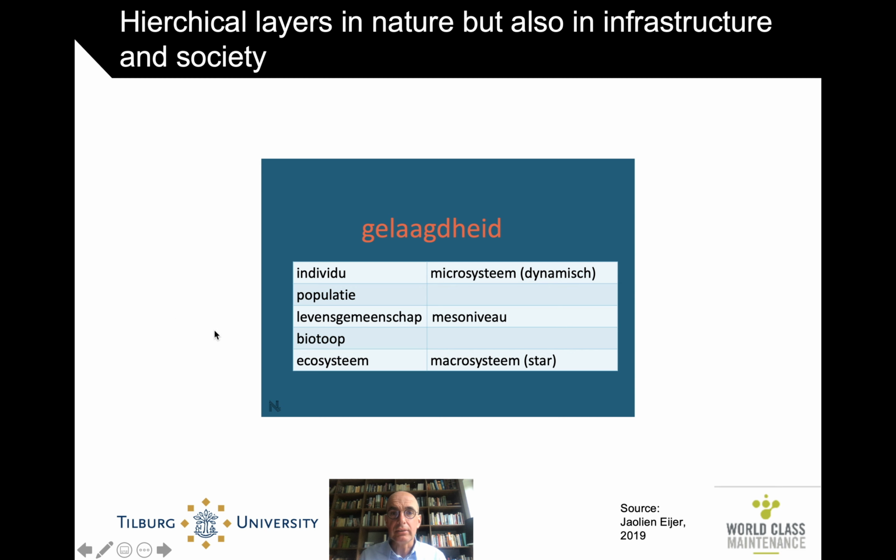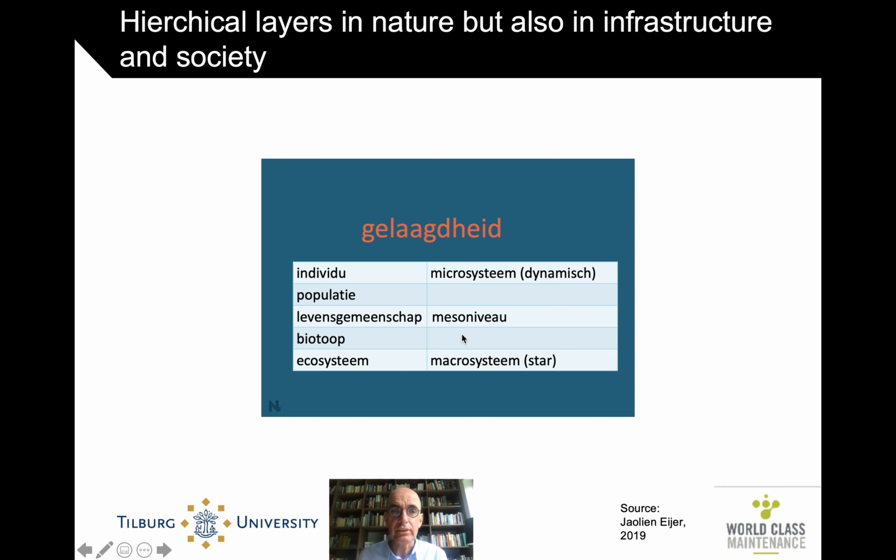Where at the individual level, at the micro level, we can be very flexible, but the macro level, and this is in biology, that's pretty rigid. There are no such quick changes. There are changes in our ecological system as a whole, but they're much slower than what we can do as individuals. And communities in between are sort of in between.